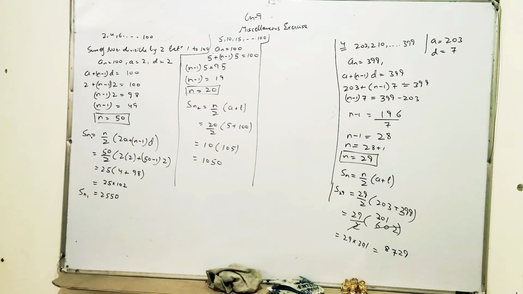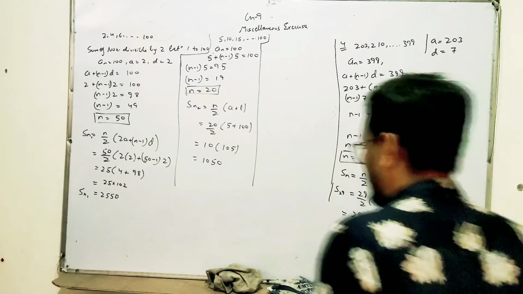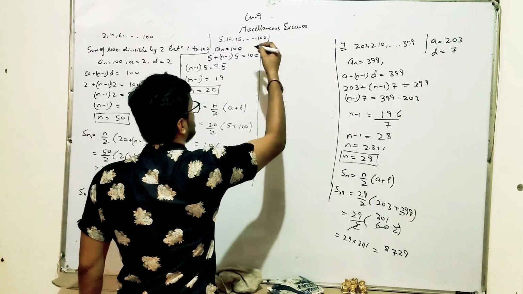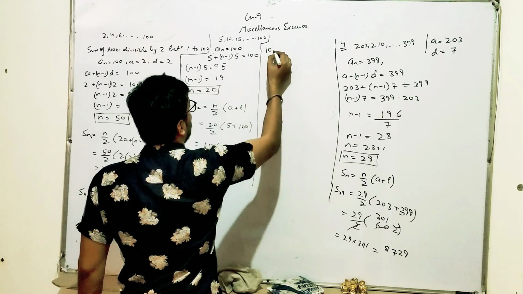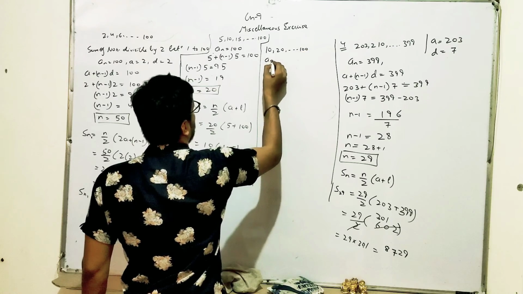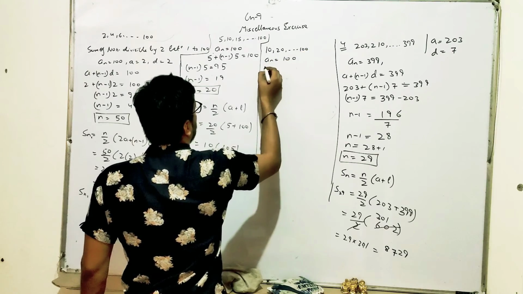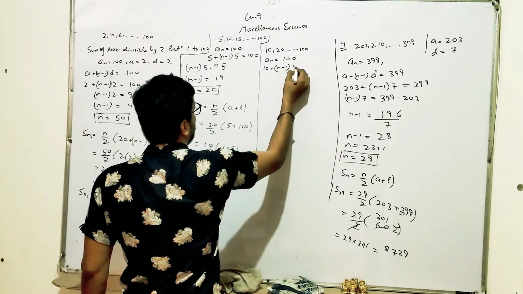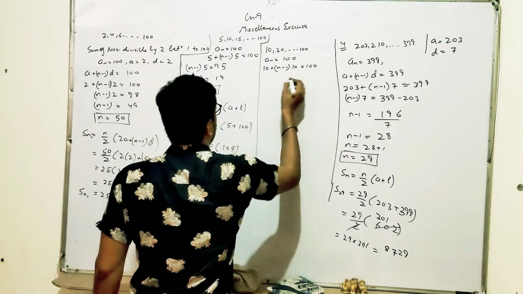So the series will be 10, because 10 is the minimum number which is divisible by both 2 and 5, then 20 and up to 100, right? So An is equal to 100. So a plus n minus 1 d, d is 10, which is 100, right?